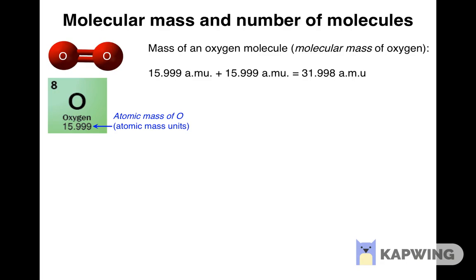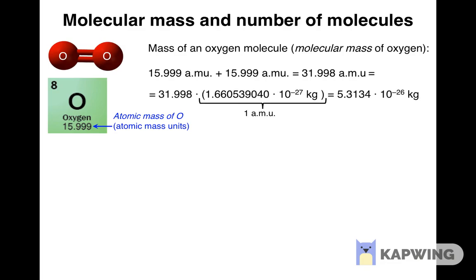To find out, we first convert the mass of the oxygen molecule from atomic mass units to grams. One atomic mass unit is equal to 1.660539040 times 10 to the minus 27th power kilograms. So 31.998 atomic mass units is 31.998 times the value of an atomic mass unit in kilograms, and that equals 5.3134 times 10 to the minus 26 power kilograms.